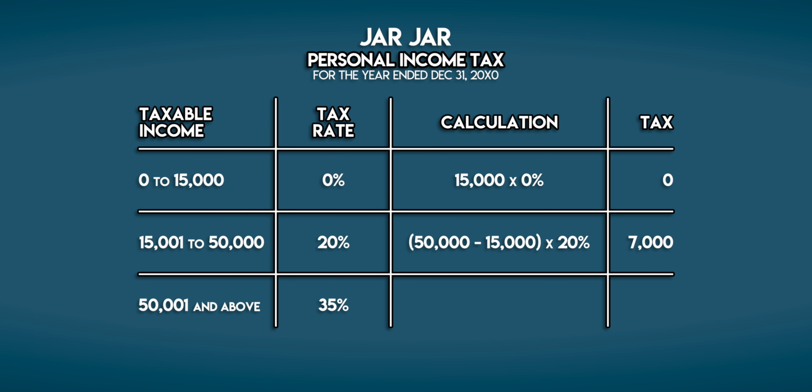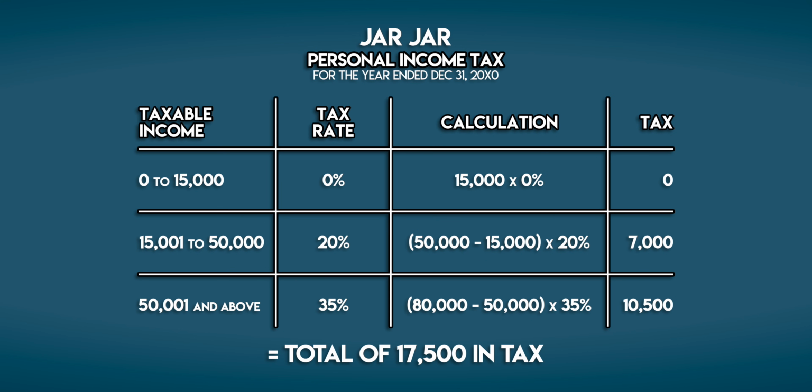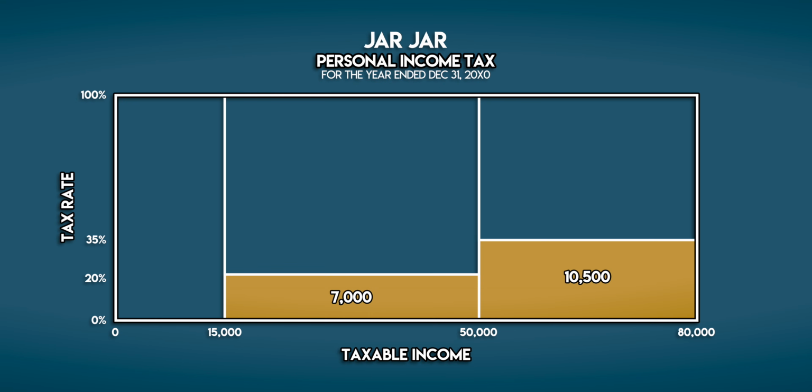And on his income above 50,000, his tax rate is 35%. 80,000 minus 50,000 is 30,000, and 35% of that is 10,500 credits. So Jar Jar's total personal income tax bill is 7,000 plus 10,500, which is 17,500 galactic credits.